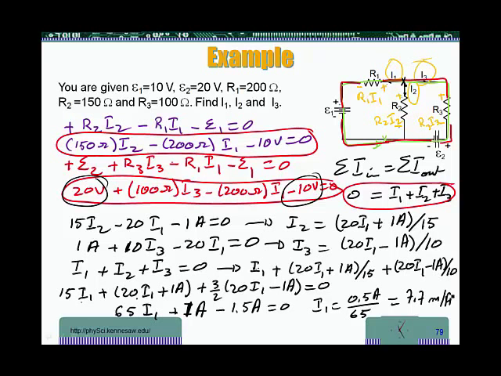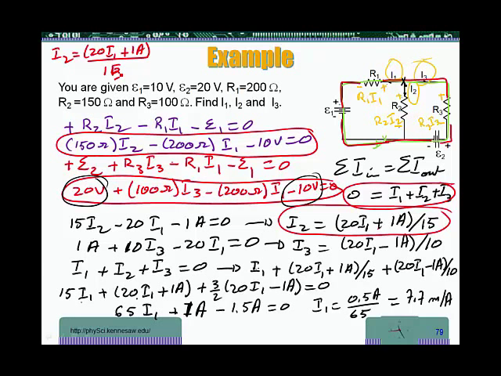Okay, now for I2, all I have to do is go back to this equation. So I2 is 20 I1 minus 1 amp divided by 10. So I'm going to do that. Actually, divided by 15, sorry. 20 I1, I wrote the wrong equation. 20 I1 plus 1 amp over 15.